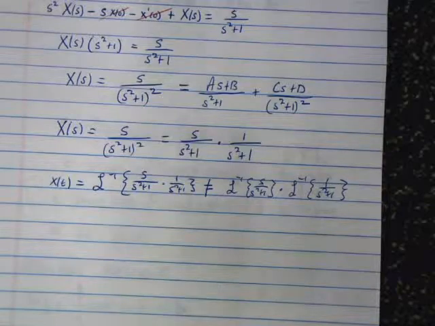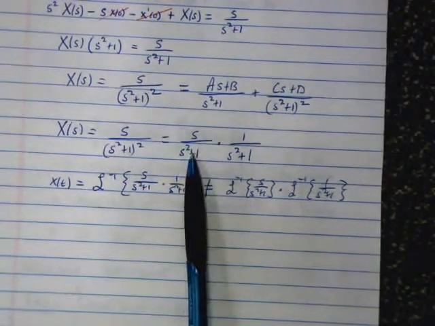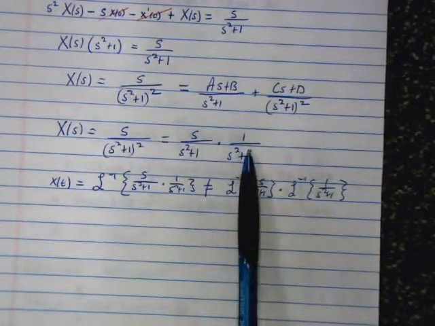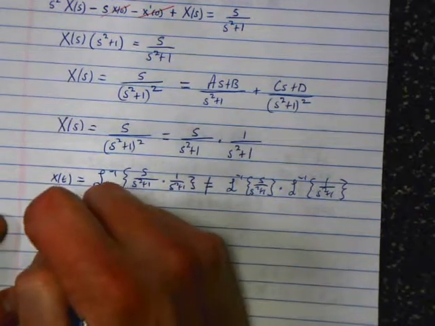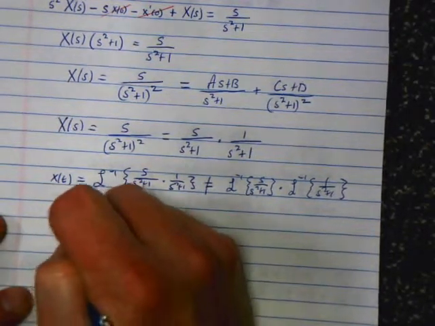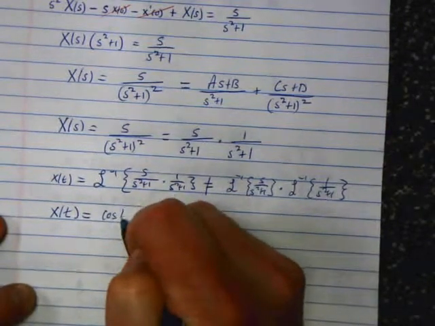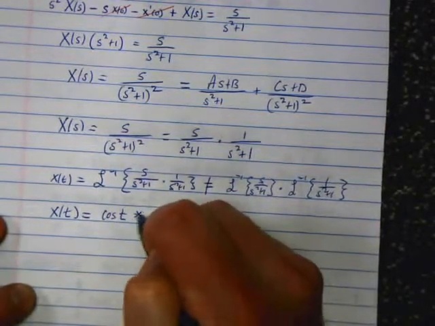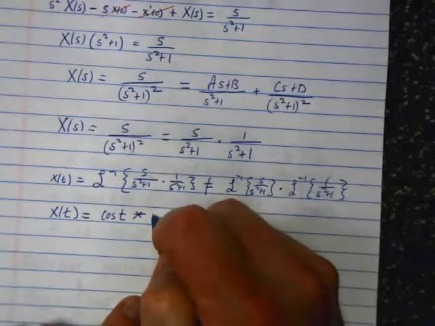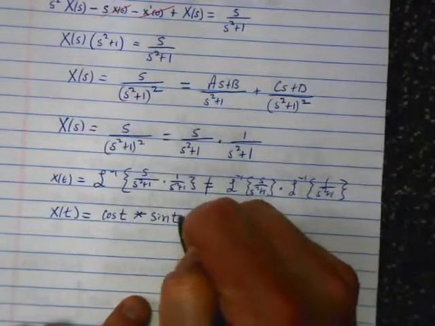Another option is we can split it this way and convolute. So x of t is cosine of t convoluted with sine of t.